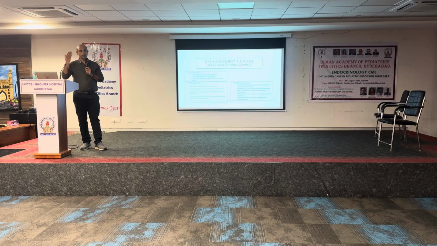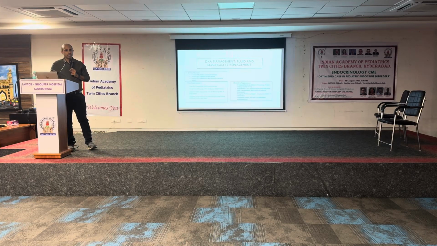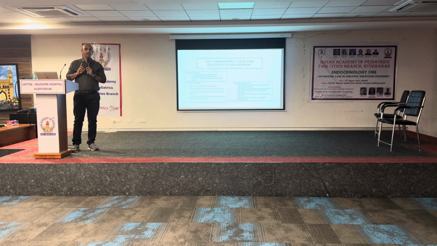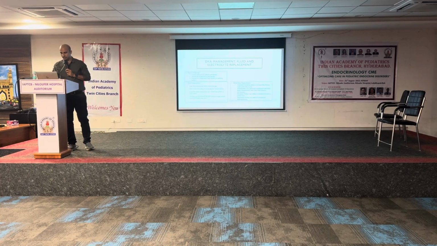So there will be a mismatch, with hypoosmolarity in the brain relative to the blood. More and more fluid goes into the brain, which will cause cerebral edema. That's why you need to correct the sugars and dehydration very slowly. That is why sugar should never be the target of DKA treatment. I'll be discussing that also.